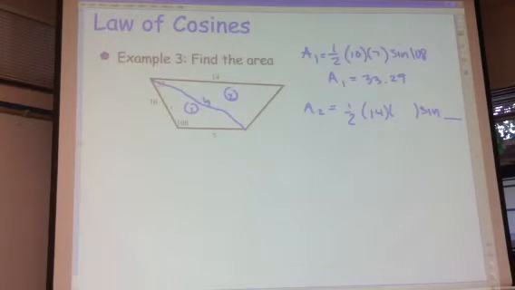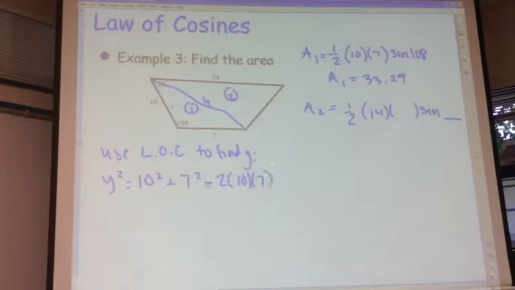Well, to find this side, this is side y, and we can use the law of cosines. So we're going to use law of cosines to find y. All right, so y squared is going to equal 10 squared plus 7 squared minus 2 times 10 times 7 times the cosine of 108.